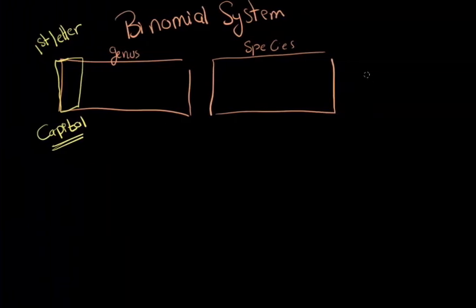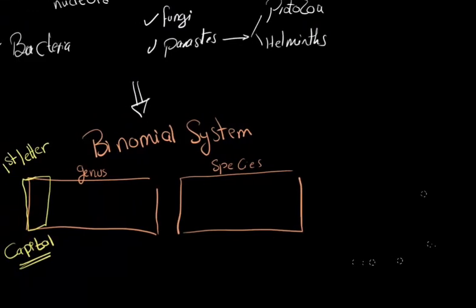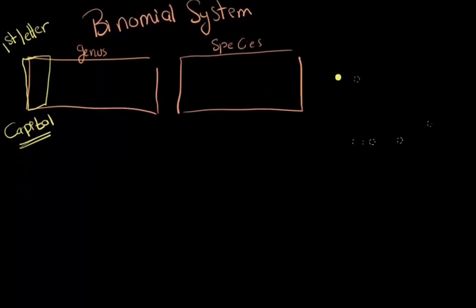That means it should be underlined or italicized. If you're writing by hand, just underline it, because writing in italics could be very confusing for some people. So it's either underlined or italicized.